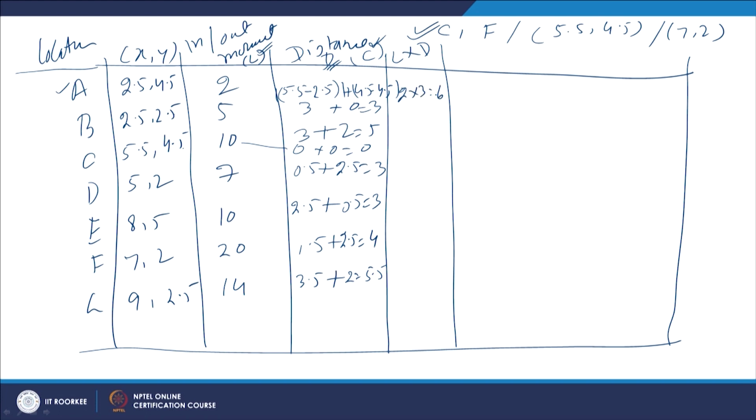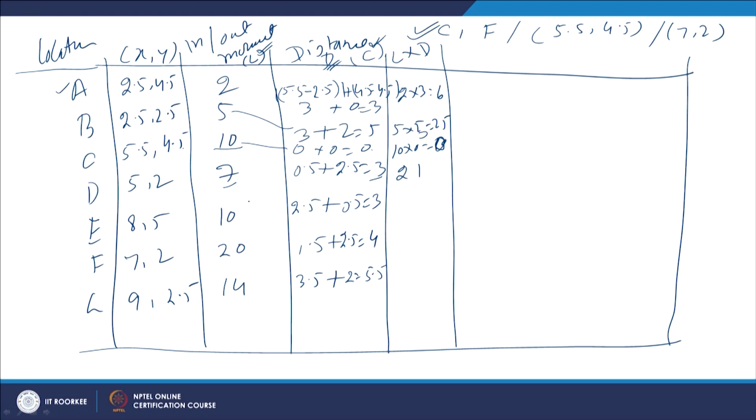Then likewise for location B, it is 5 into 5, so it will be 25. For location C, the load is 10 and the distance to be travelled is 0. So, 10 into 0 is 0. The load of the movement is 7 and the distance to be travelled is 3. So, here it is L into D is 21.